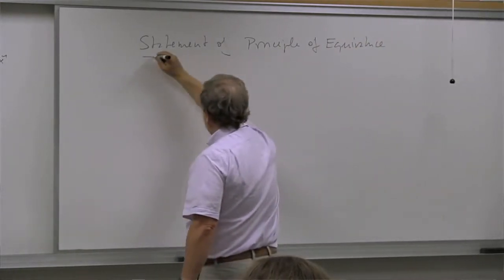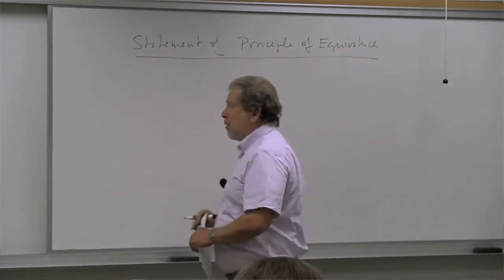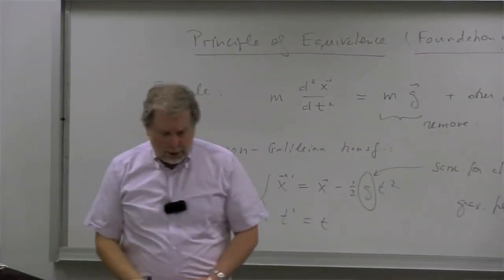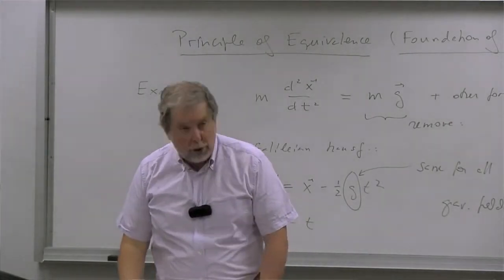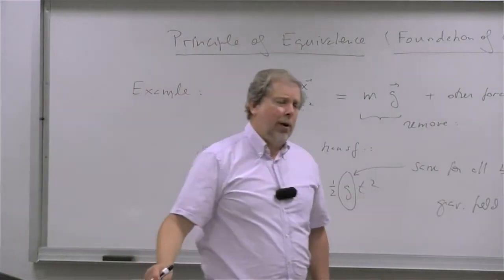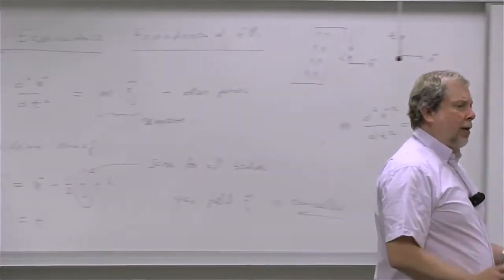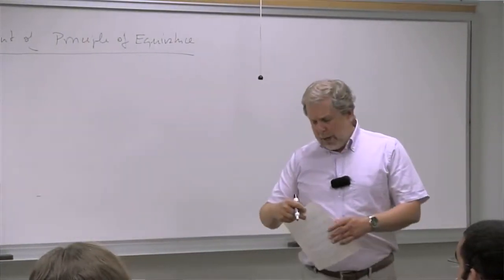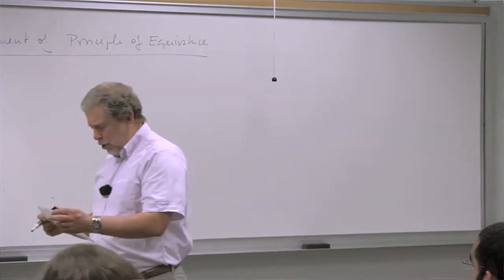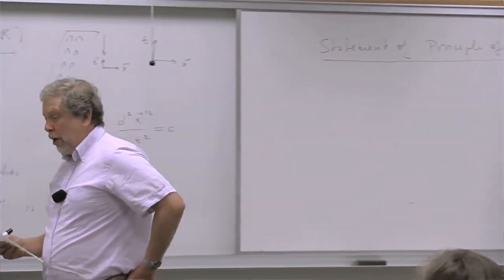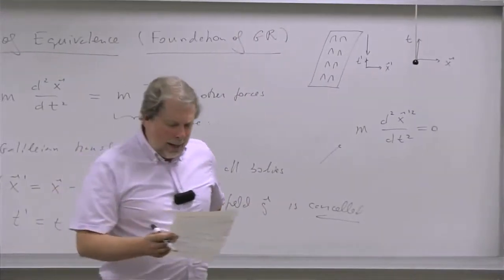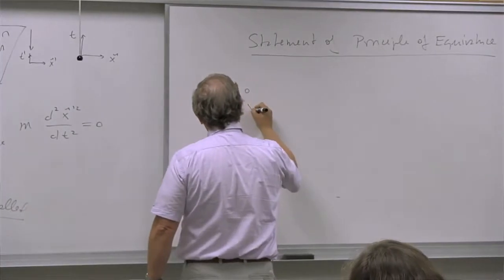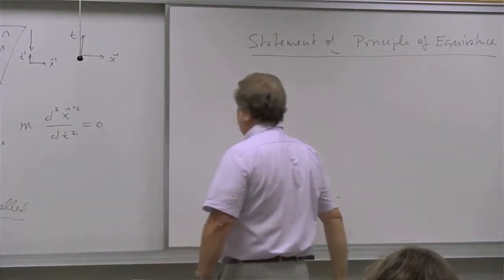right? So we want to state it now in a way that is more general than the simple case which is described here. We want to phrase it in a way that will have universal applicability, right? And that will be therefore something useful for developing the general theory. And so the general statement is that, and let me just say it in words instead of trying to write it out, that at every space-time point, right, so you pick a space-time point which has coordinate x and t.